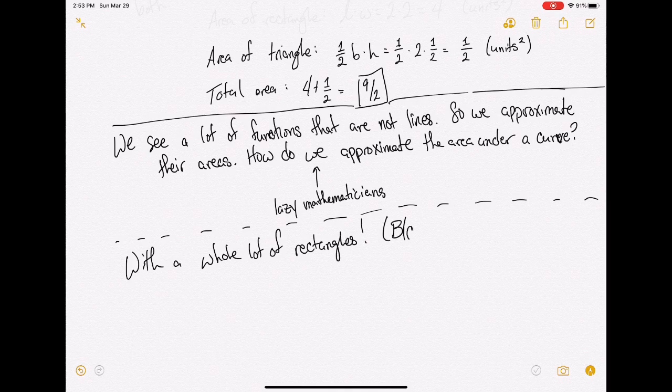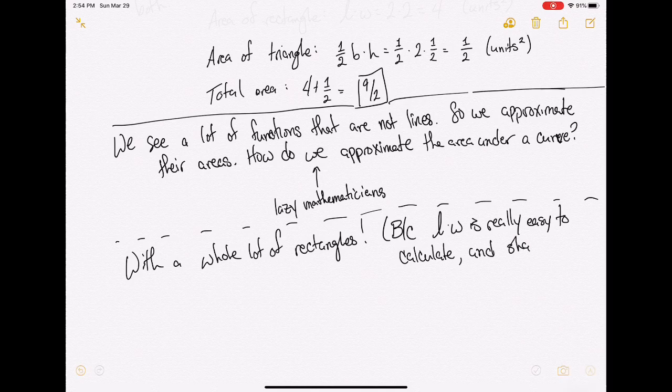The reason being that length times width is really easy to calculate, and other shapes are harder.